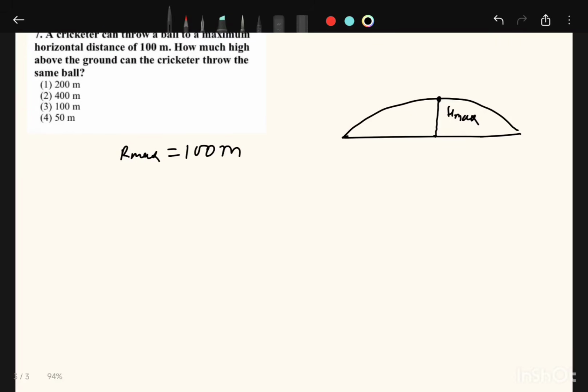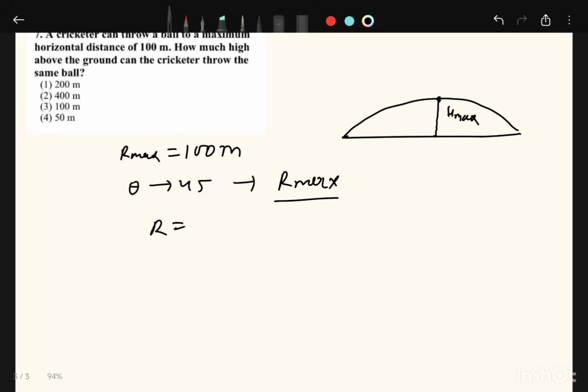So we can use the R max formula here, right? In which situation does the range become maximum? That we know: if we throw our projectile at 45-degree angle, then the achieved range is R max, right? And what is the formula for R max?